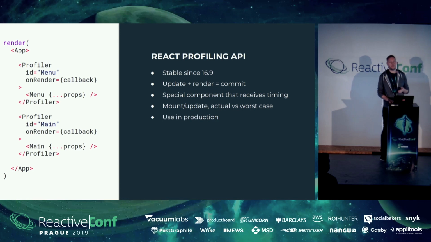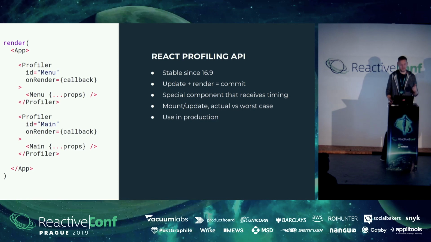If you maybe wrap your router component with this Profiler, you can see when the subpage mounts for the first time, because you expect it to be maybe a larger render or larger commit. Also, the data contains, and that's probably the most important property, the actual time it took to render that update.